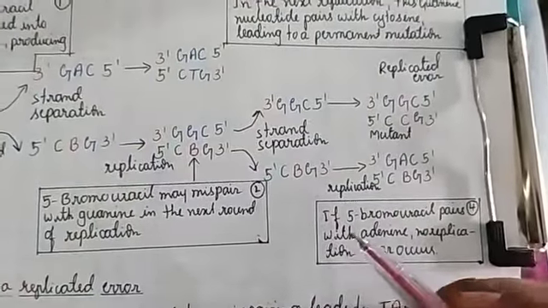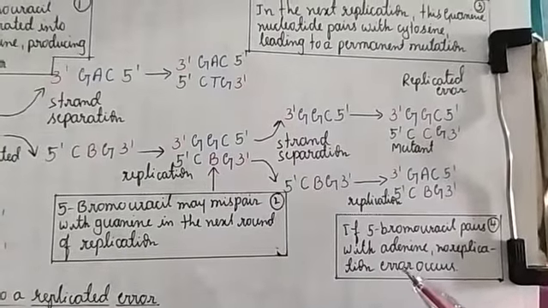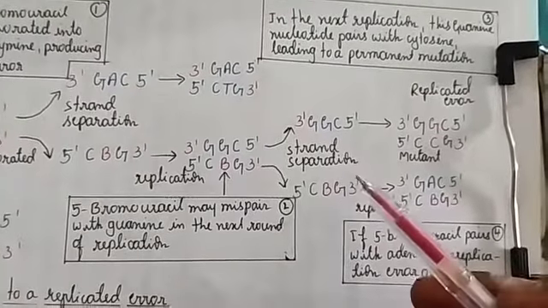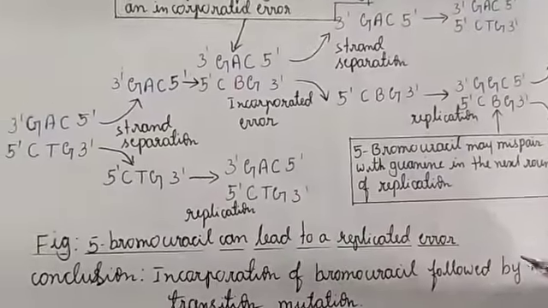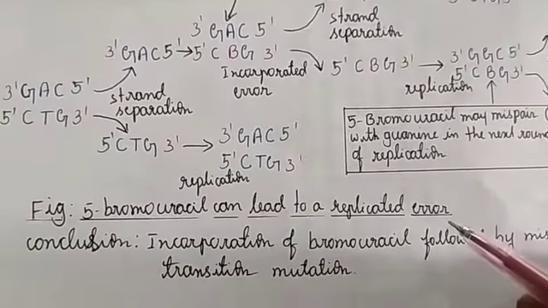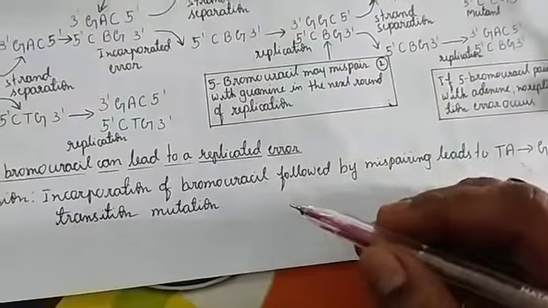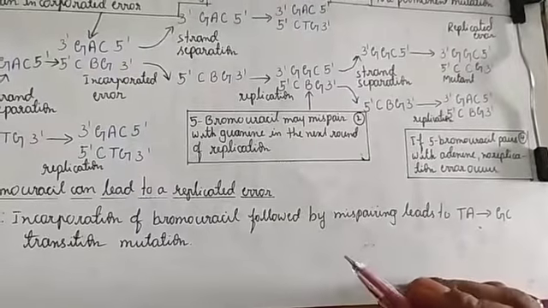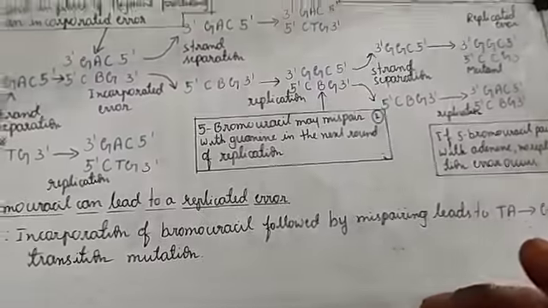If 5-bromouracil pairs with adenine, no replication error occurs. Here it is. Then this leads to the permanent error. 5-bromouracil can lead to a replication error. Conclusion is that incorporation of bromouracil followed by the mispairing leads to thymine-adenine to guanine-cytosine transition mutation.